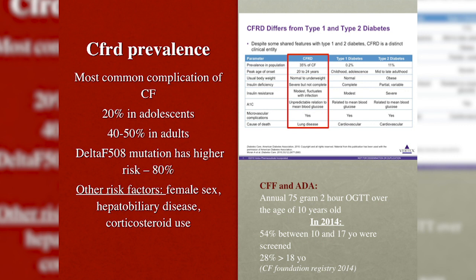Compared to type 1 diabetes, it's a very low prevalence, about 0.2%, but the denominator is different, as we're talking about the whole population. And type 2 diabetes, unfortunately, is reaching epidemic proportions, now at 11% or higher and expected to be even higher by 2050.